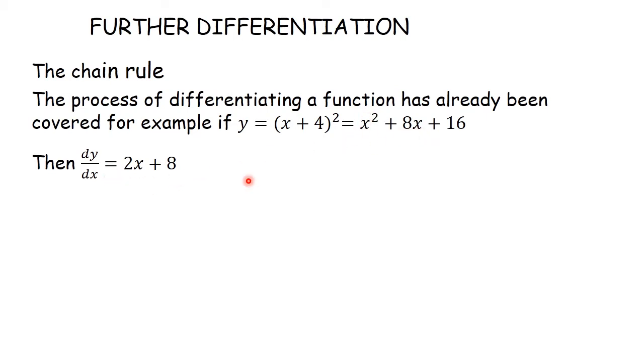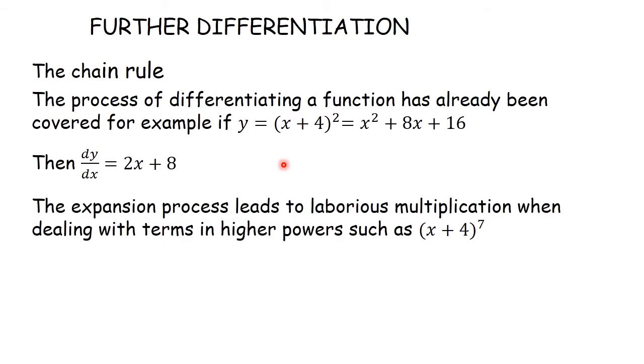If we differentiate that, the x squared is going to be 2x, then the 8x is going to remain as 8. So here it would be quite simple to do the differentiation. You can read the next statement there.